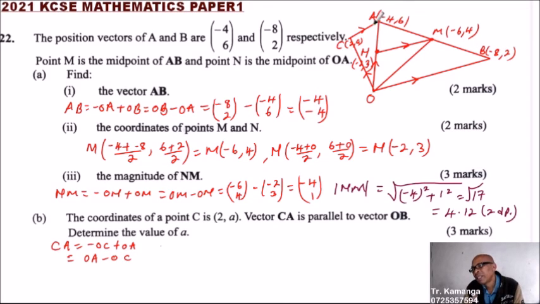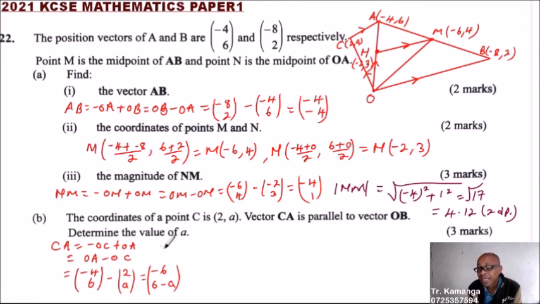We already have the position vector OA, which is minus 4, 6. Then we subtract OC, which has the position vector 2 and a. So minus 4 minus 2 gives minus 6, and 6 minus a, because we don't know a. That's what we are looking for.